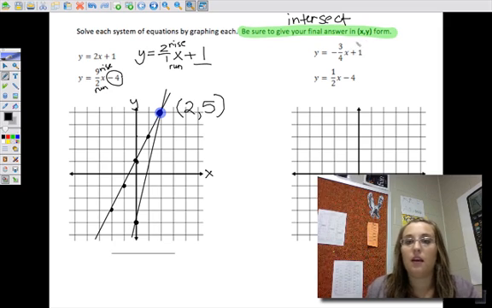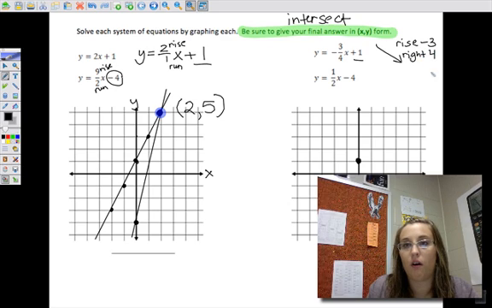Next, I'm going to do the same thing. Start with the y-intercept of a positive 1. Graph that right here. Now we've got a negative slope. That means that my line should look like it's going down when I go from left to right. That means my rise is a negative 3, and I'm still going to go right for my run 4.